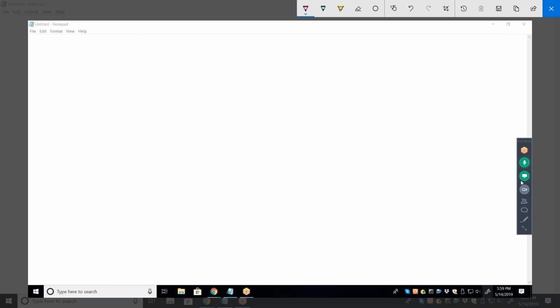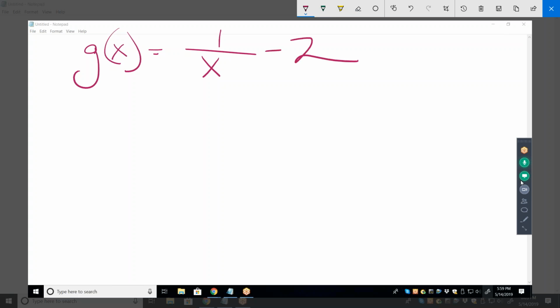Okay, so the next one is g of x equals 1 over x minus 2. First step? The minus 2 is not part of the x. Okay, so the first step is to replace g of x with y.